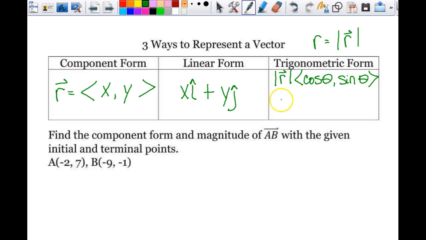So the actual trigonometric form ends up being R cosine theta, R sine theta. And it's not like you have to write it like this and then get to this step. You could see it both ways. You're more likely to see it this way, though. So I just want you to know that that really means the same thing. We all good with that? Any questions?